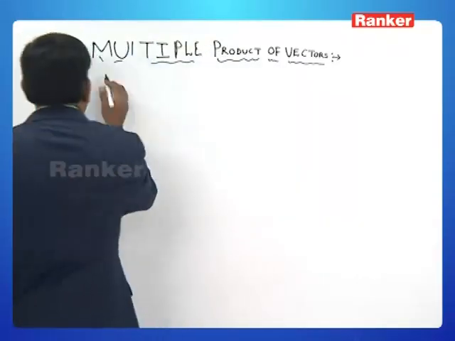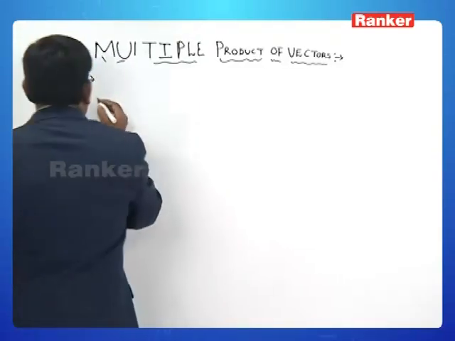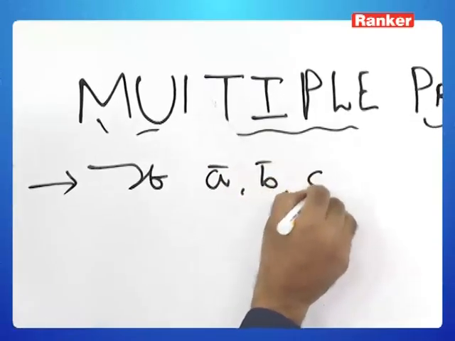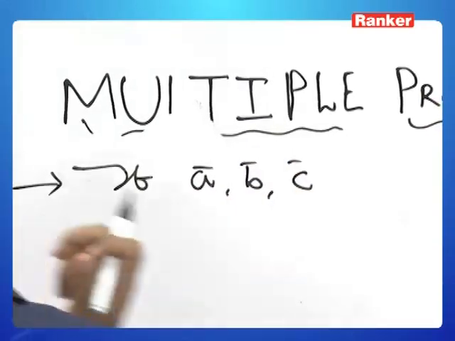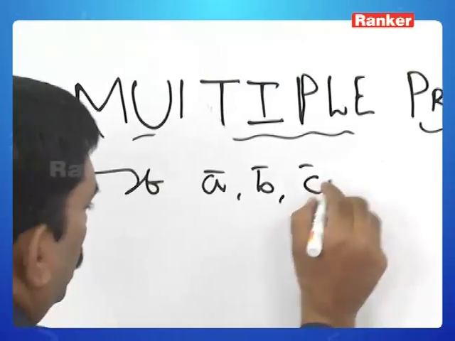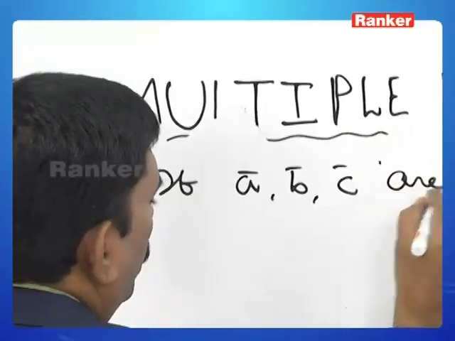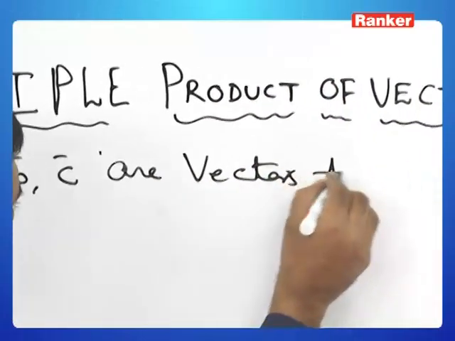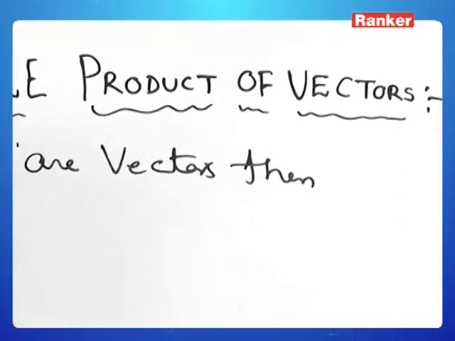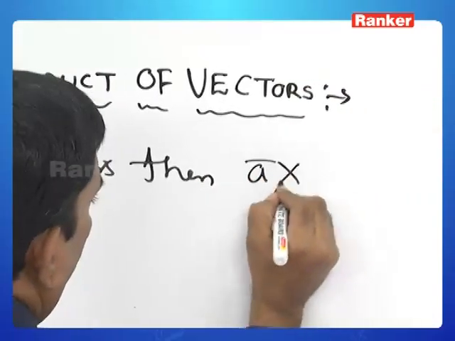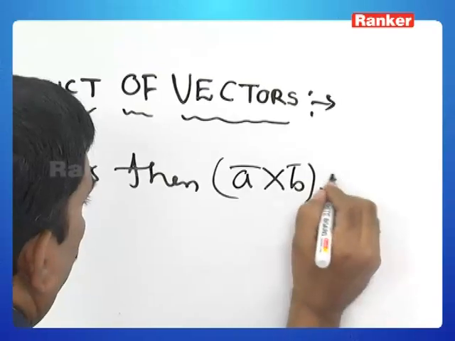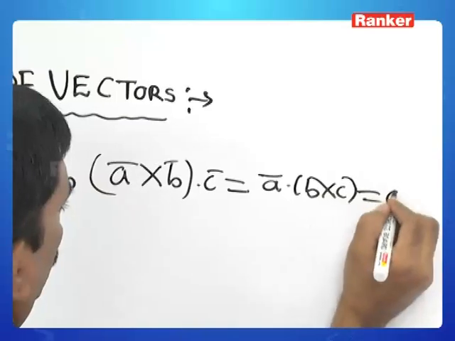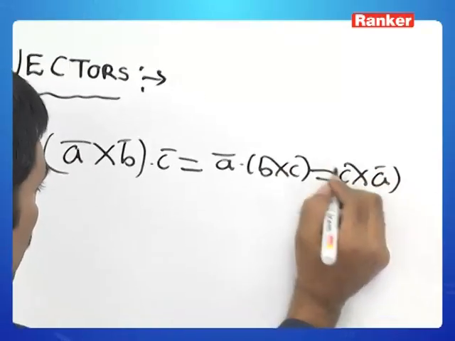What I can write is, the theorem says, if A bar, B bar, C bar are three vectors, then A cross B dot C bar is equal to A dot of B cross C, is equal to C cross A dot B bar.